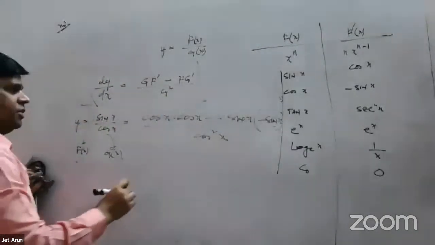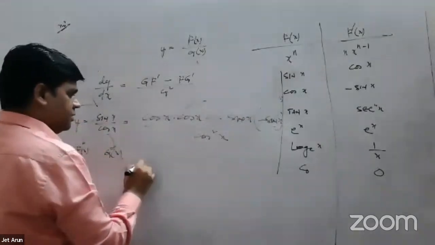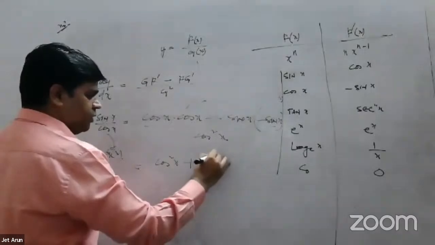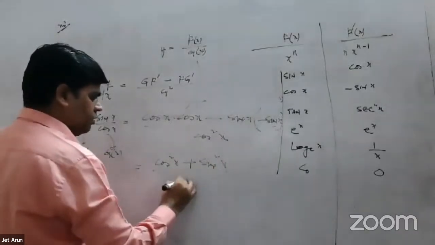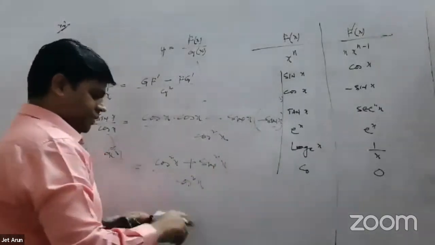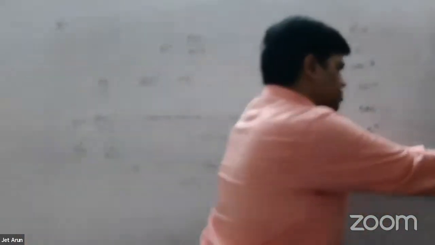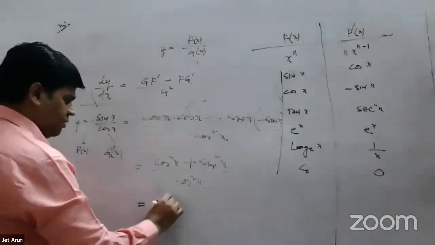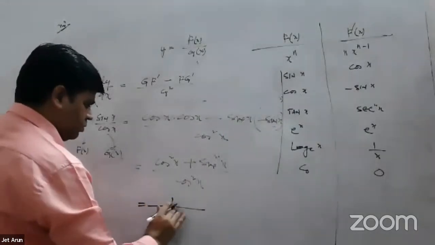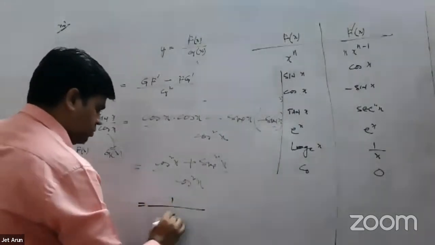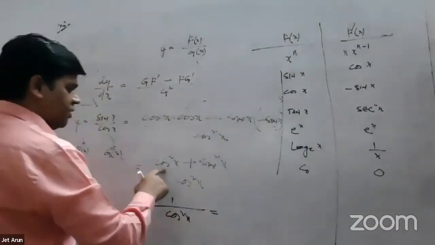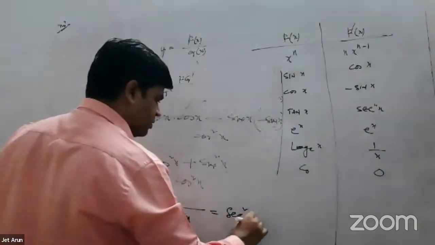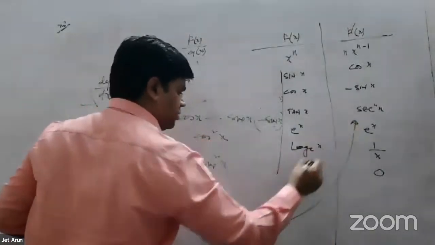So this minus into minus becomes plus. I'll have cos square x plus sin square x by cos square x, which is nothing but 1 by cos square x, because cos square plus sin square is 1. 1 by cos square x is secant square x. And that's what we got here.